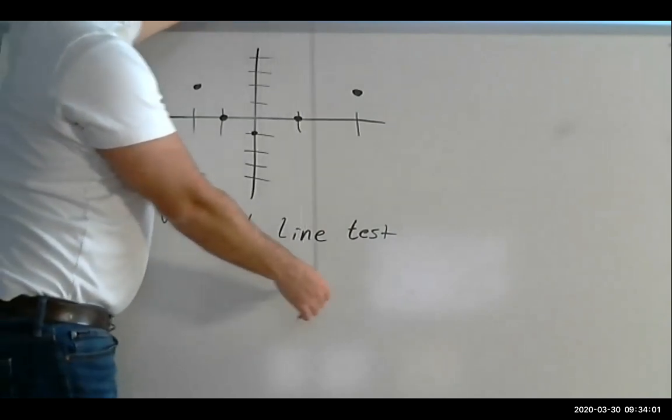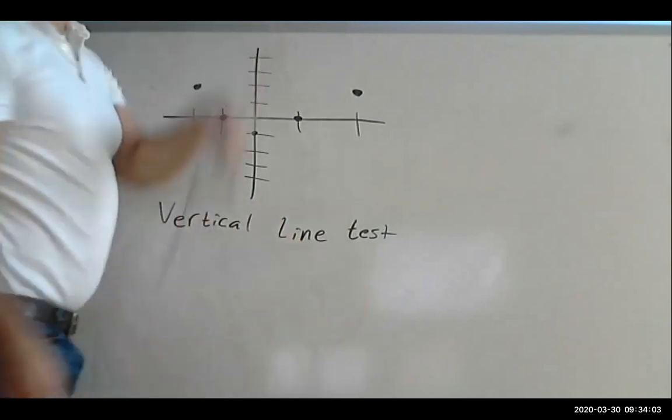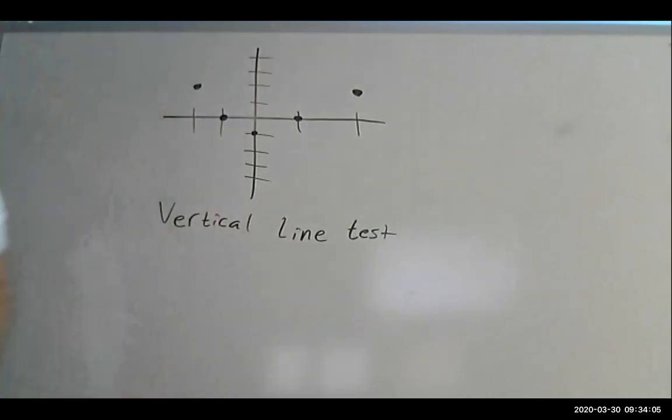Every time it only crossed one point. And this is how you do the vertical line test.